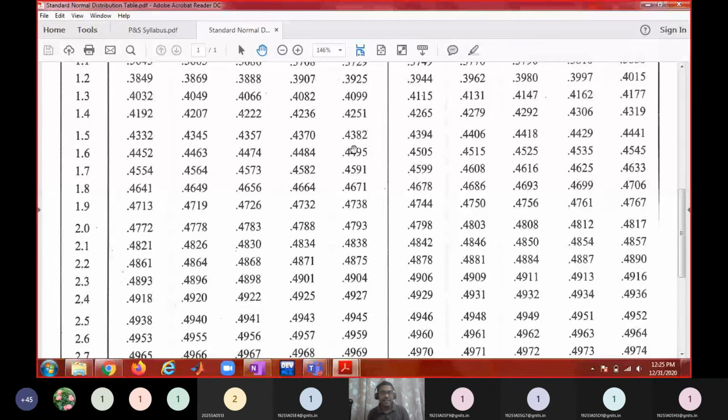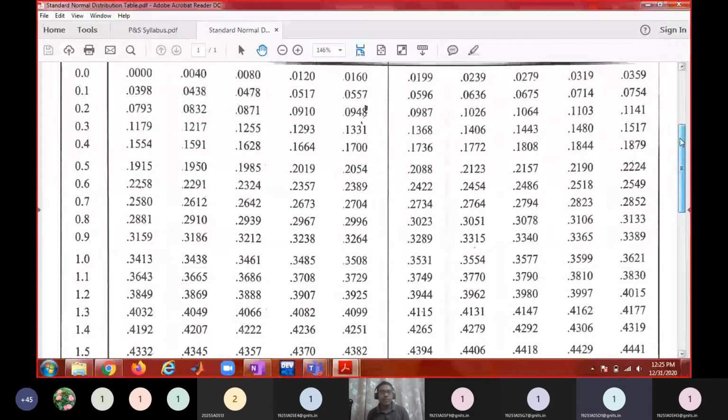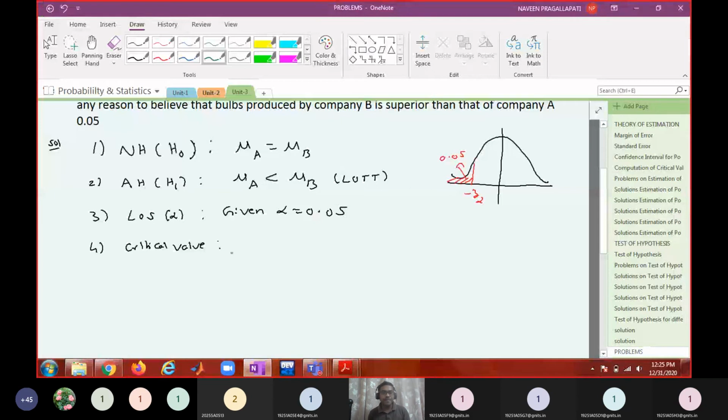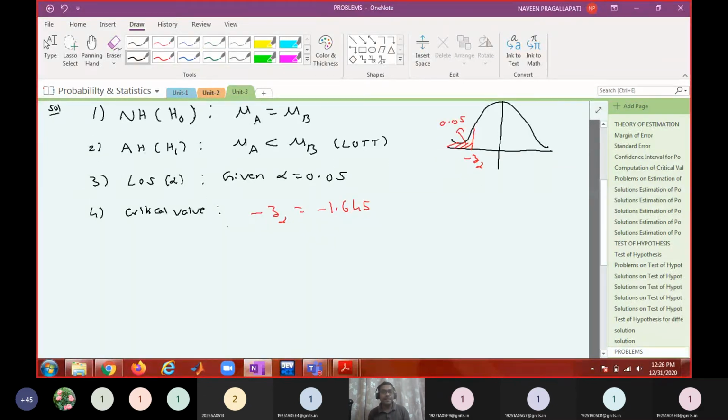This is 1.64 and 1.65, so it is going to be 1.645. Minus Z alpha is equal to minus 1.645. Okay, that's it.